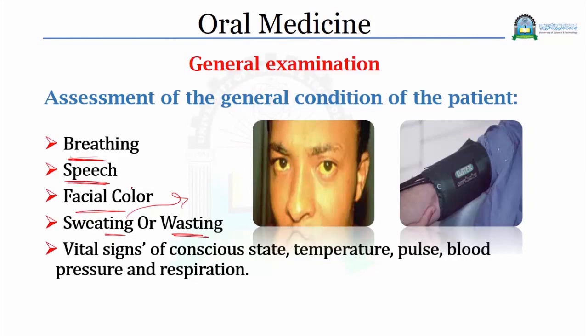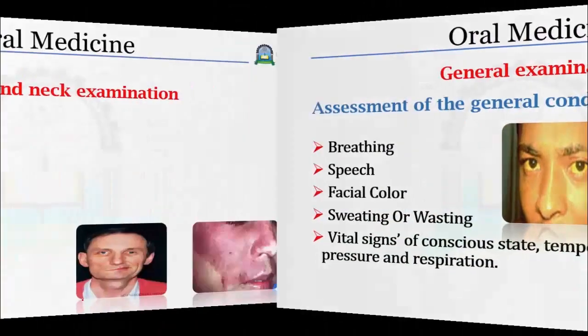A patient with hepatitis B, liver cirrhosis or liver failure will come to you with yellowish discoloration. Vital signs of the patient include the conscious state, temperature, pulse and blood pressure, and also the respiration of the patient.